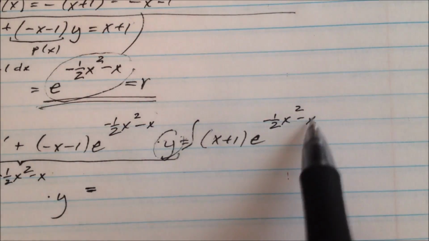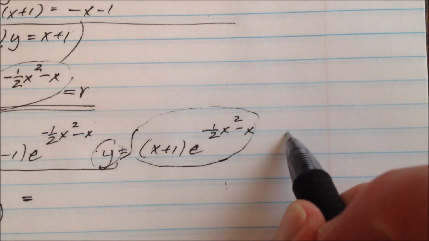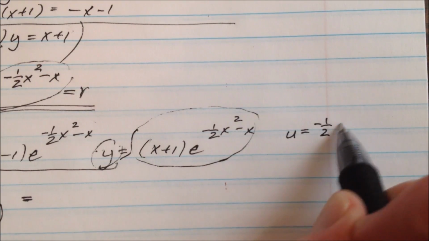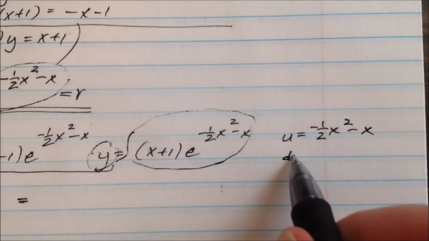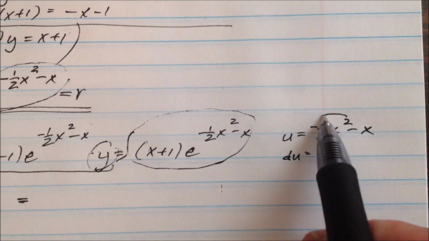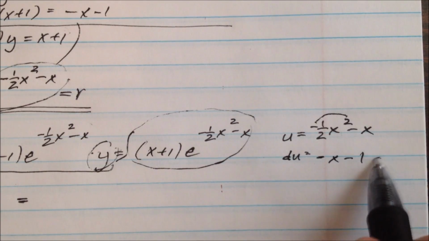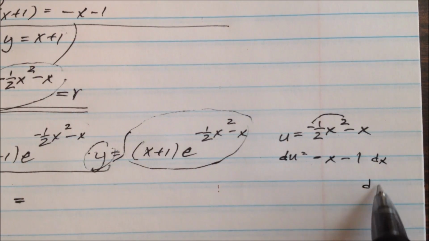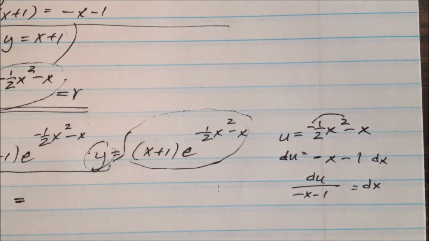Equals the integral of this right here. So it looks like we'll use a nice u substitution where I'll say u equals negative 1/2 x squared minus x. So du will equal, times by 2, a negative x minus 1 dx. So our dx equals du over negative x minus 1.